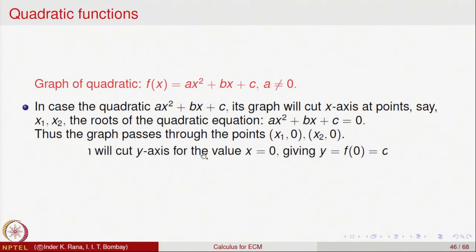All this data can be put as part of our information. Namely, if x is equal to 0, y is equal to c. So, the graph also passes through the point 0 comma c, it cuts the y axis at the point 0 comma c. It cuts the x axis at possibly 2 points. So, these are points of intersection with the two axes.